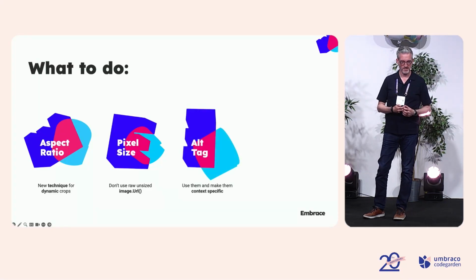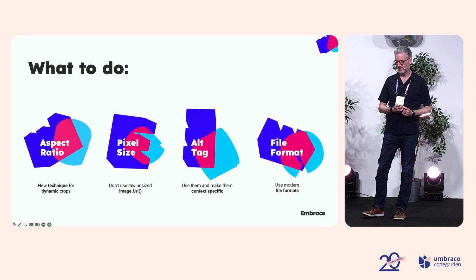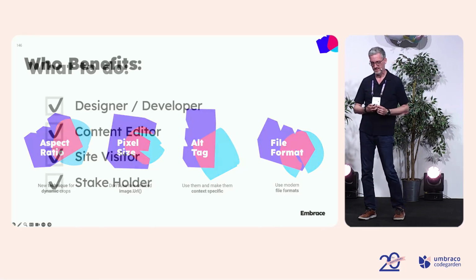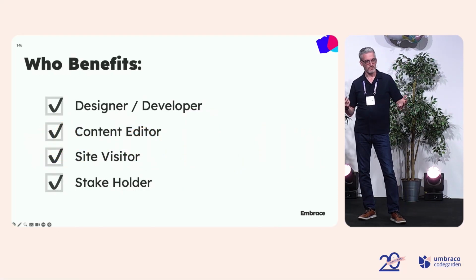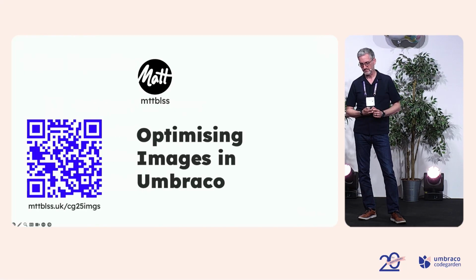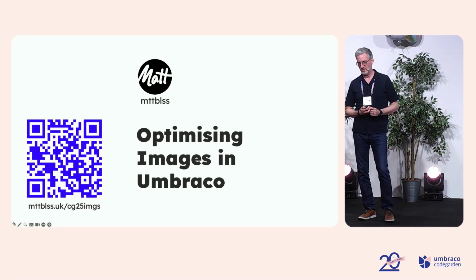Alt tags, make sure they're there and they're easy for the content editor and they're context specific. And file formats, just use the modern file formats because they're easy and they have an enormous impact. And everybody benefits, so it's just worth putting into practice. So that's how to optimize images in Umbraco.